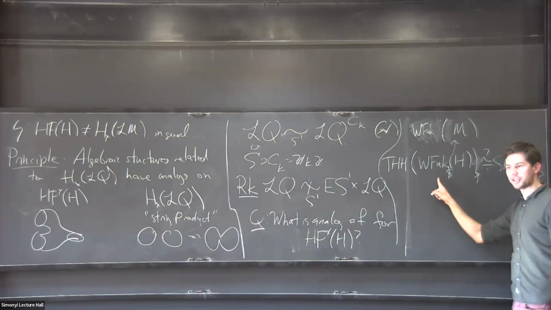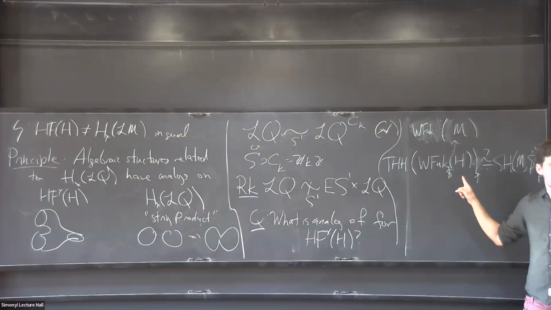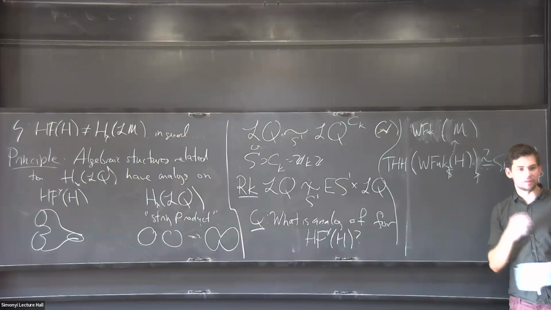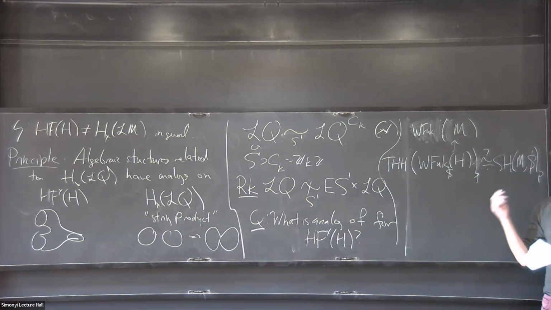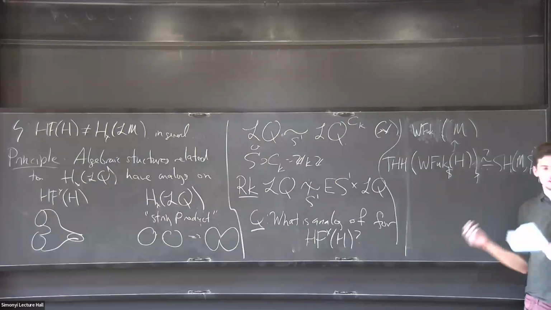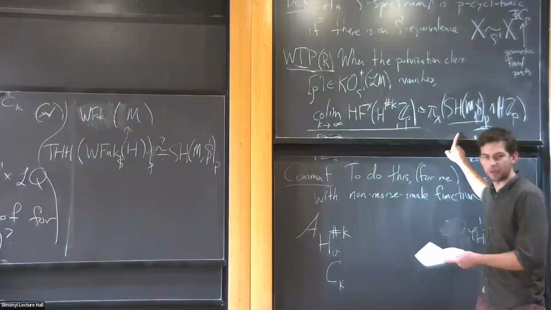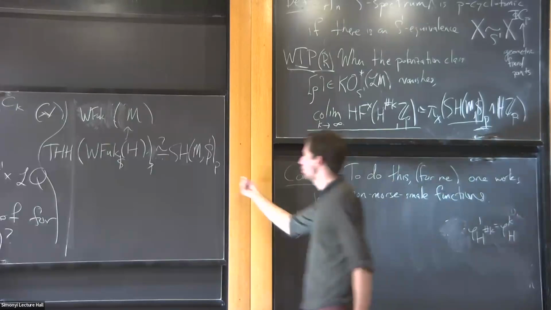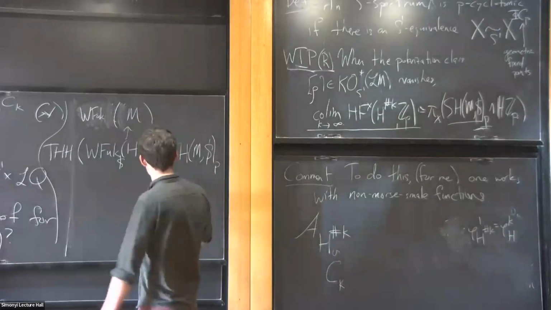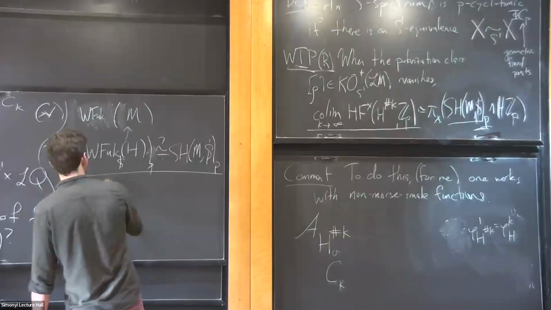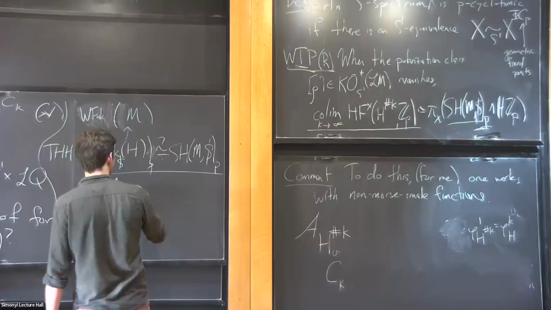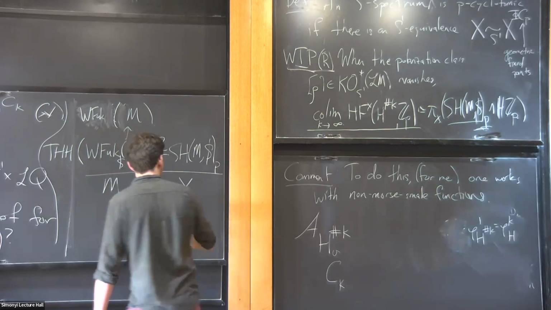But this object is annoying to define, mainly for a lot of coherence issues. A-infinity spectrally enriched categories are a miserable object that people have been struggling with for a long time. This is not a miserable object. This is actually quite concrete in the way that I've tried to work with it. So this gives you some geometric input. Sometimes your M, your symplectic manifold, is related to some algebraic variety.